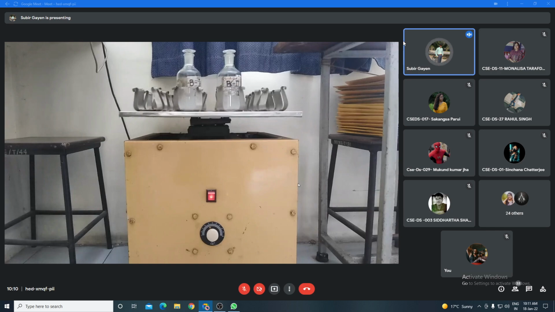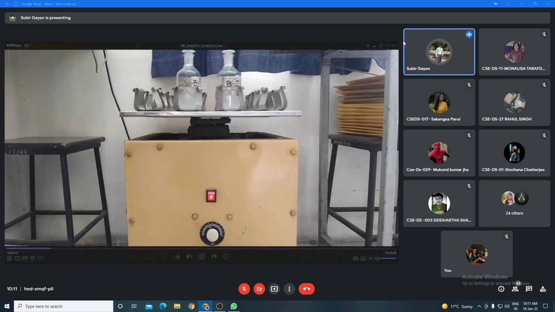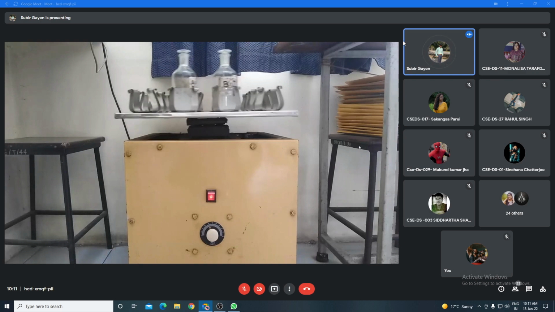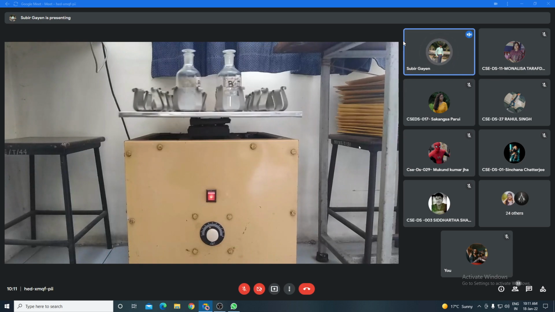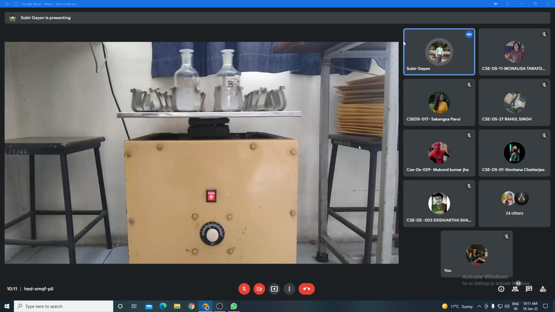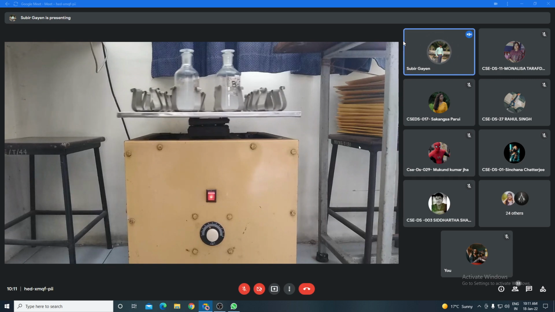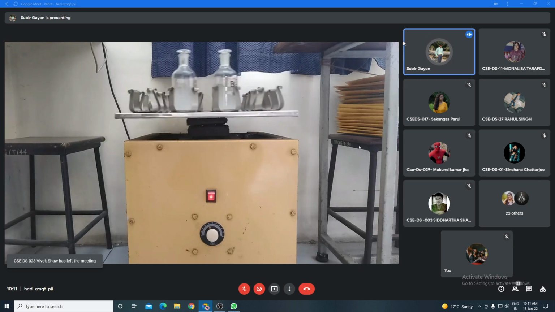By this process, you have to shake the two bottles for 1 hour. If you shake the bottles for 1 hour, then the solute, that means the acid, will transfer from the aqueous layer to the organic layer. So that's why this shaking is necessary.